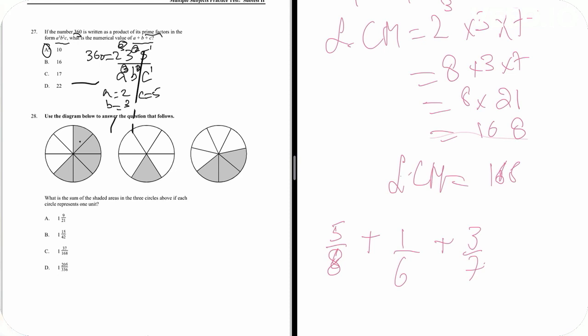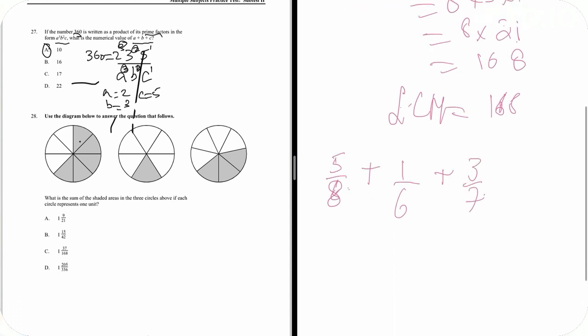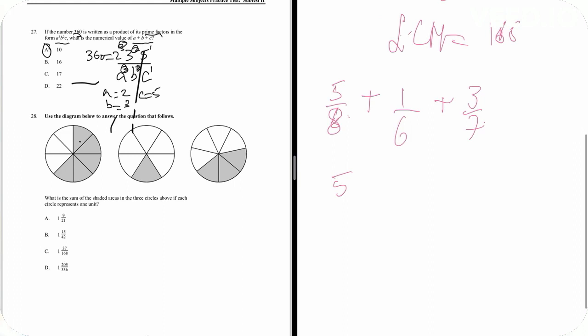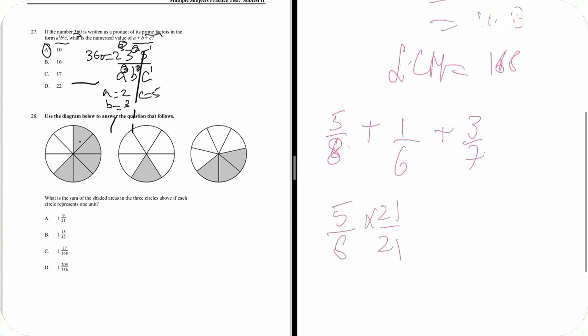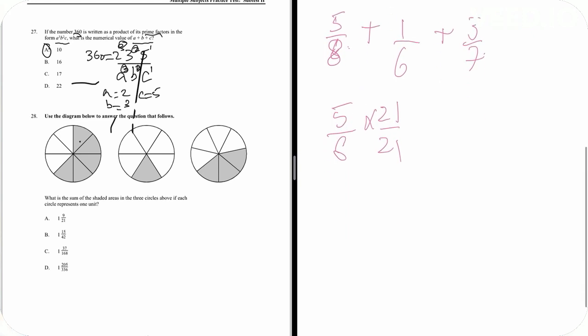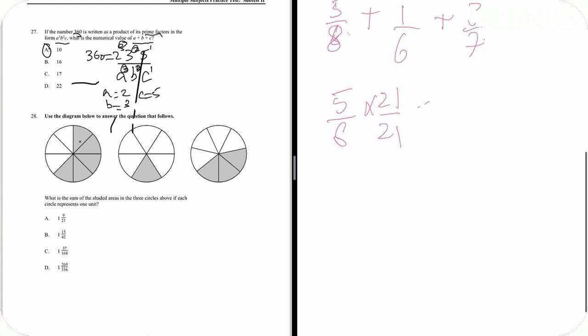So for the fraction 5 upon 8, we will multiply and divide by 21. So 5 upon 8 multiplied by 21 divided by 21.